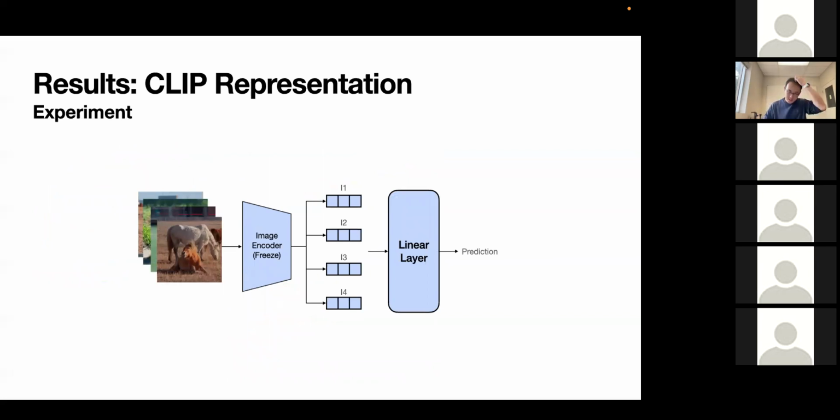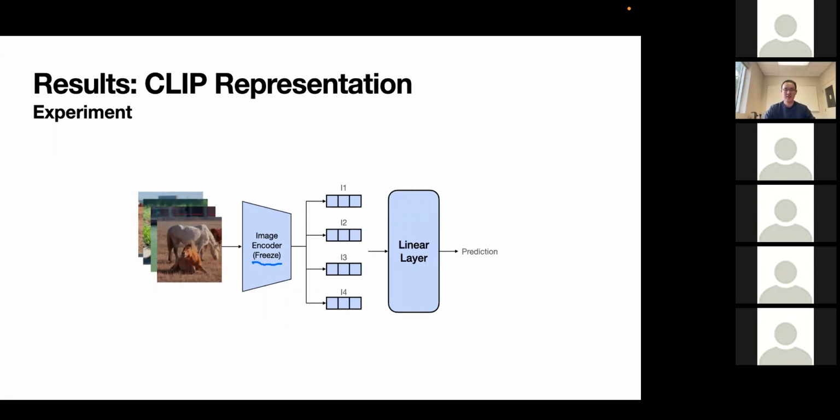Okay, let's go on to the representation experiment. The representation experiment is more similar to the case of the word embedding I just introduced before. The authors just use the image encoder's output as the feature of the image, like the graph showed here.